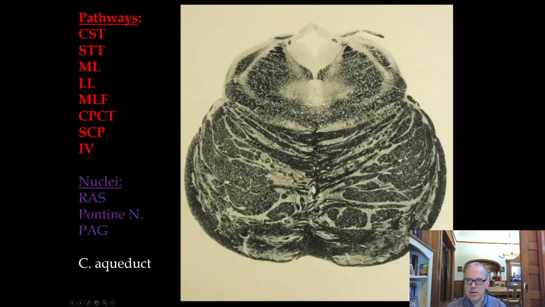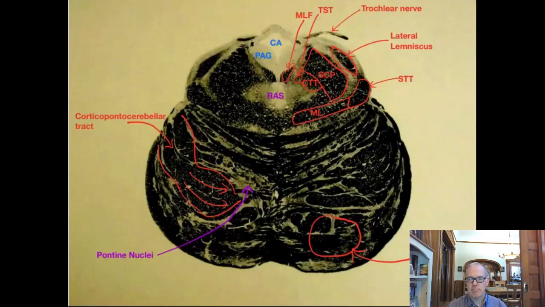Later on we will discuss pain and pain pathways, and as part of the descending pain pathways, the periaqueductal gray is very important. So again, cerebral aqueduct, periaqueductal gray around it, and medial lemniscus, spinothalamic tract, lateral lemniscus here. And it would be really hard to separate here.